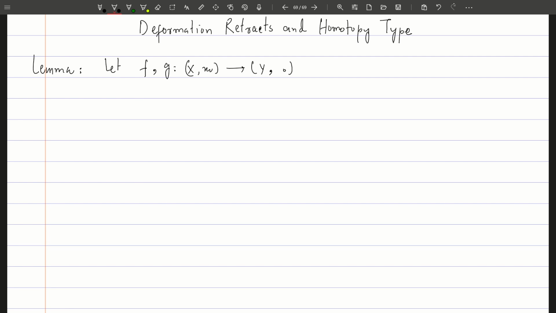They are given to be continuous maps, where x naught is some fixed point in X and y naught is some fixed point in Y.